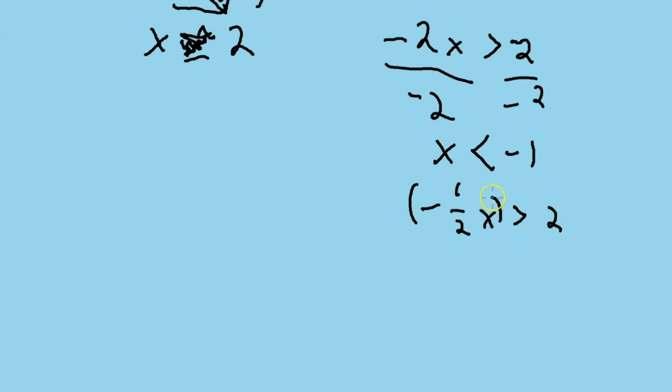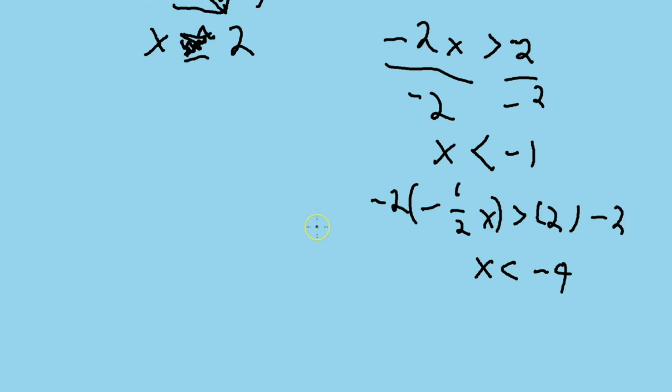If you multiply both sides by -2, you'd also have to flip the sign. So as you can see, no matter what, if you multiply or divide, you must always flip the sign, whether it's greater than or equal to, less than or equal to, greater than, or less than. As long as the number that you're dividing or multiplying by is negative.